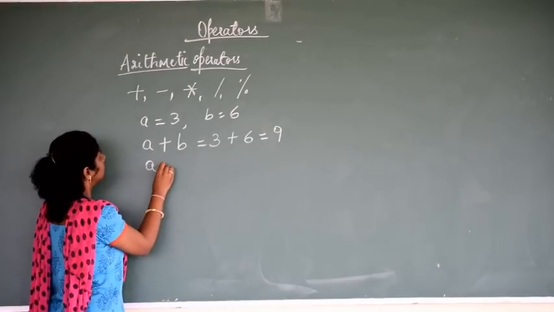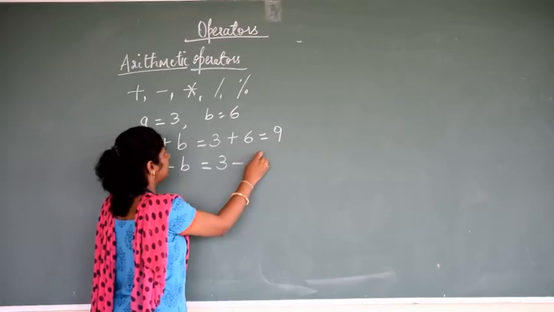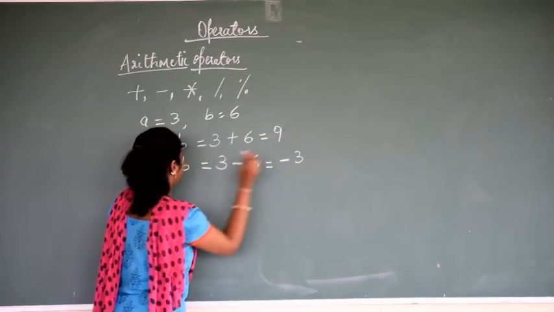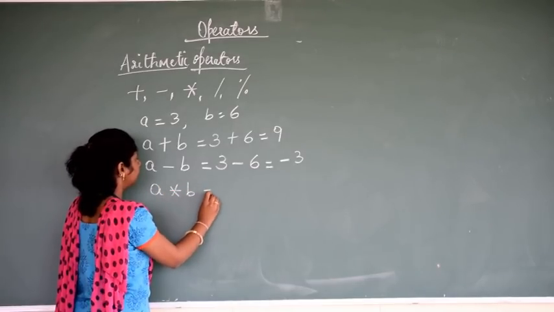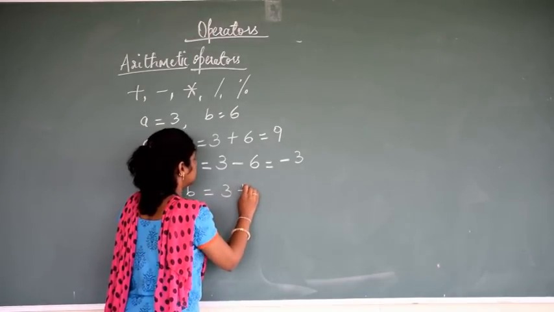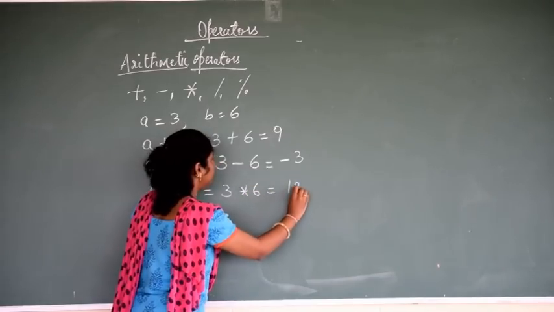Next arithmetic operator is subtraction. a minus b, that is 3 minus 6, will be evaluated to minus 3. Next, a star b, that is 3 star 6, evaluated to 18.